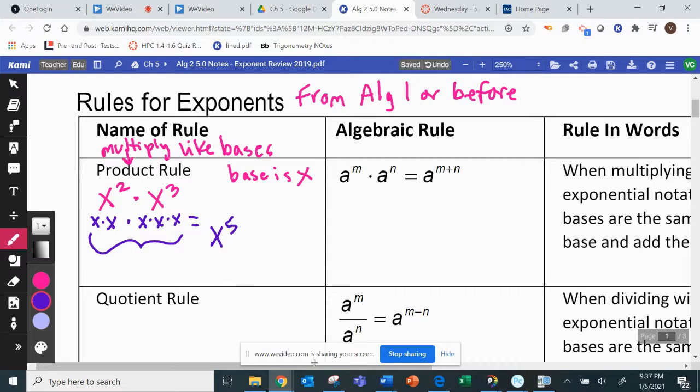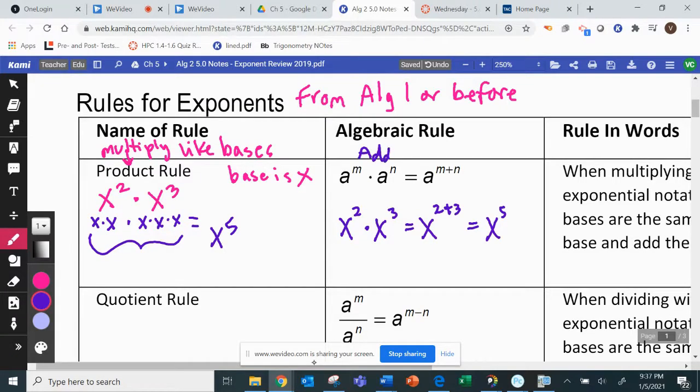So using our algebraic rule, this is more like a shortcut that says if we have x squared multiplied by x to the 3rd, we can do x to the 2 plus 3, which is x to the 5. So when we multiply like bases, we add the exponents.